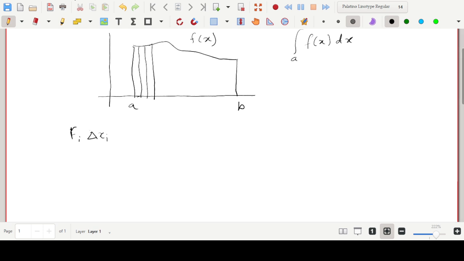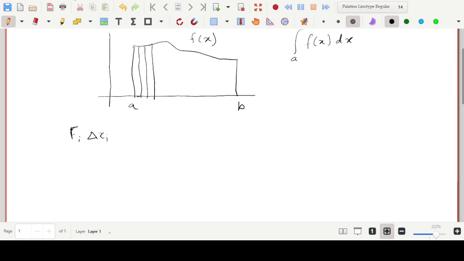I hope you know what supremum of a function is. Supremum is something like maximum, but we use maximum of a function when there is a point where that value is actually attained, whereas we use the term supremum when there may not be any point where that value is actually attained, but all the function values are approaching that value.